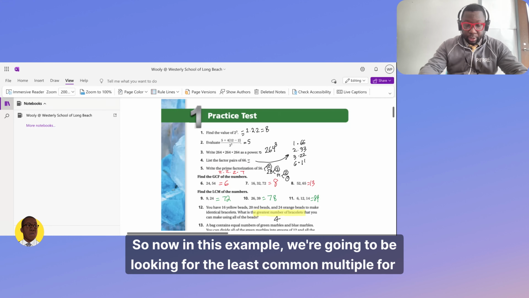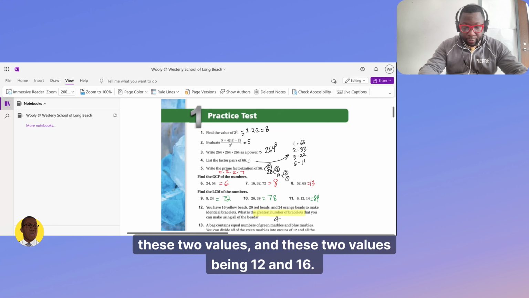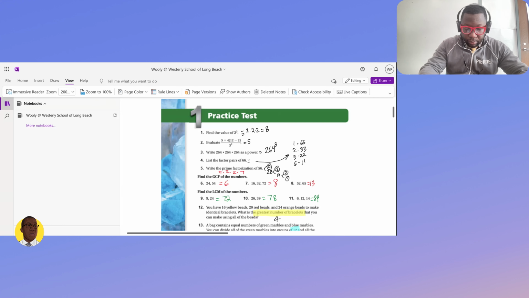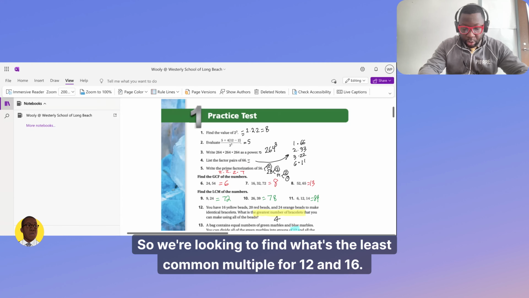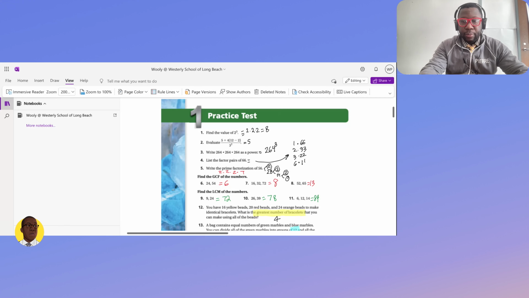So now in this example, we're going to be looking for the least common multiple for these two values, 12 and 16.